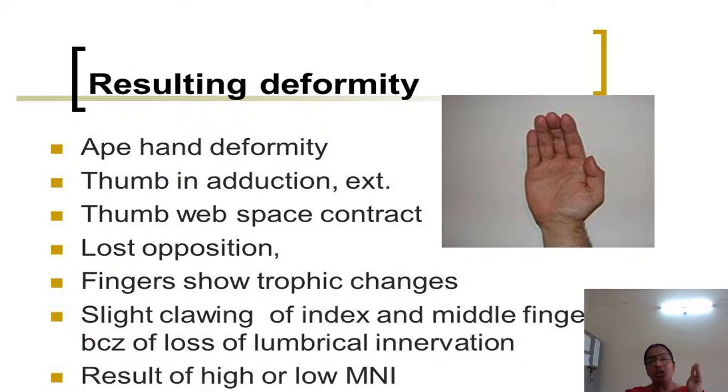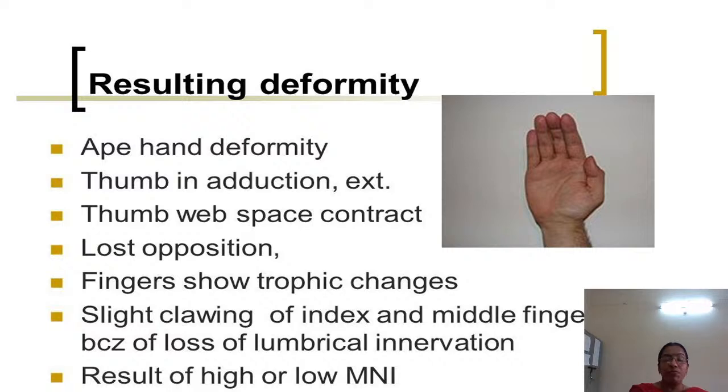Opposition movement is lost. The thenar eminence is lost, so trophic changes are seen. There is slight clawing of the index and middle fingers because the median nerve also supplies the first and second lumbricals. These are some of the deformities of median nerve injury.